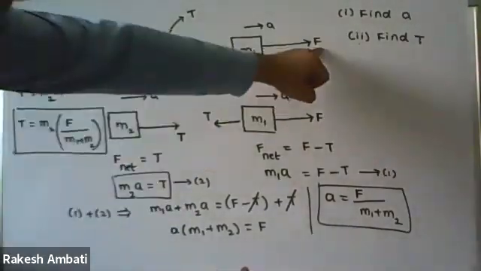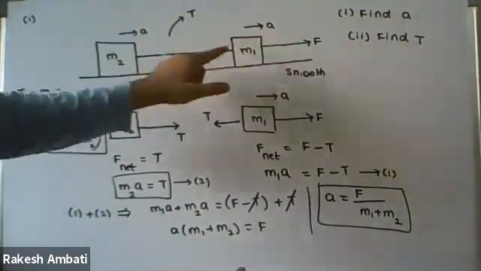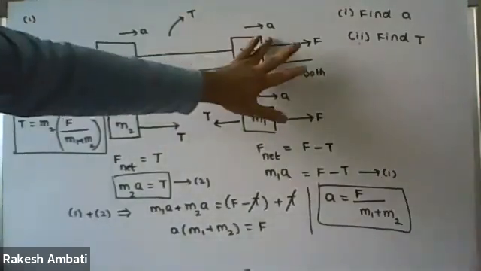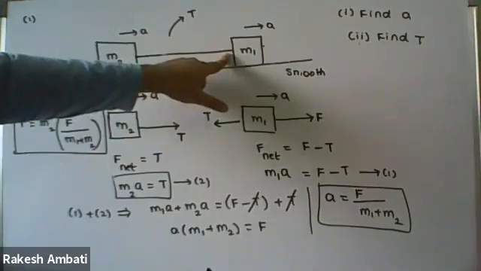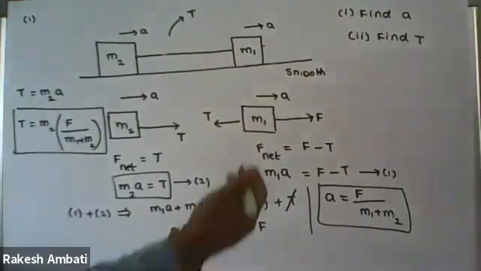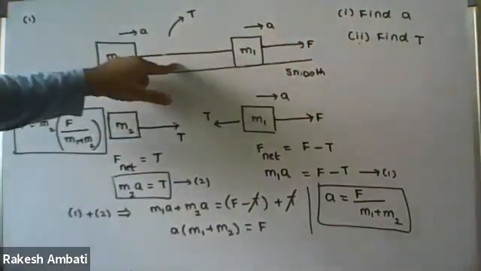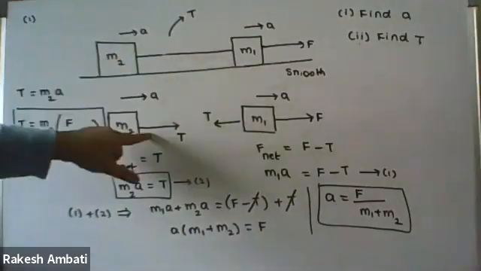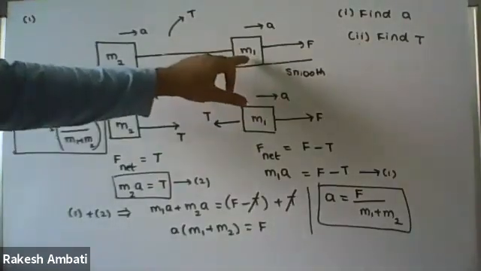The source is the applied force. If no force is applied, the string is slackened, and then there is no tension force. But when the force is applied, the string becomes taut, and the tension force acts like the driving force for M2 to move along with M1.